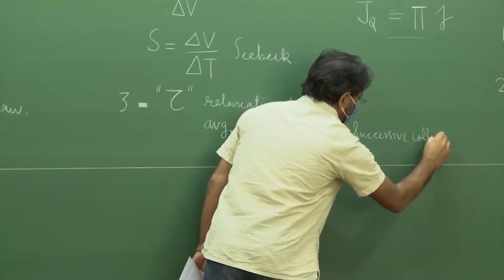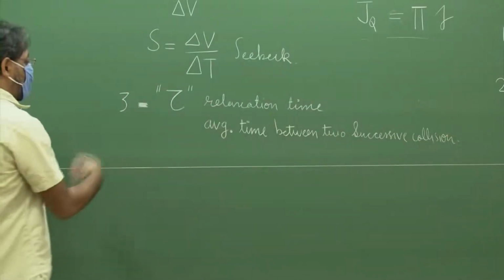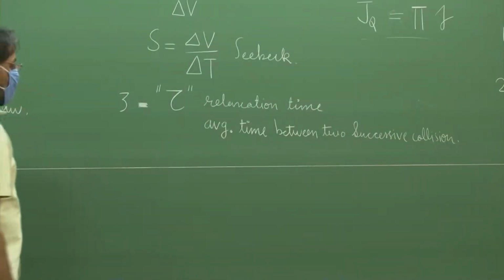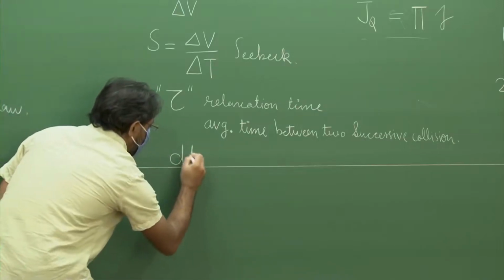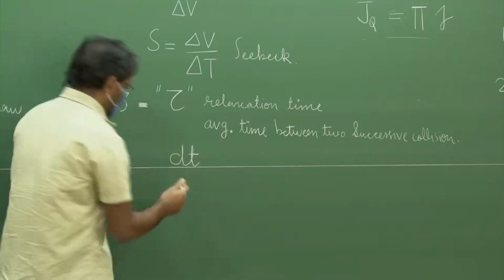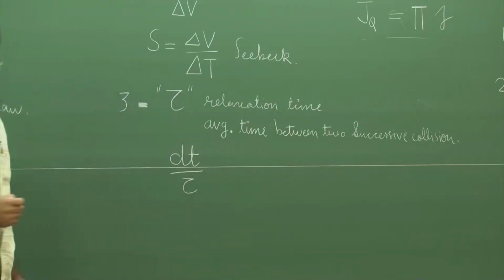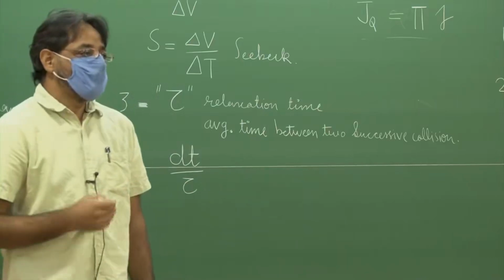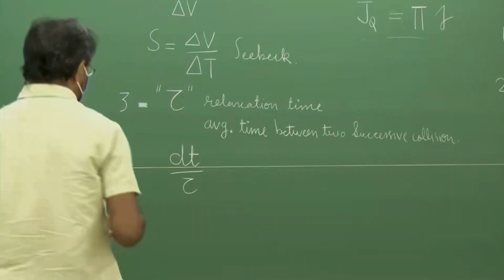So, 1 by tau will give you the rate of collision, and dt, where dt is a time element, dt by tau will give you the probability that the electron will suffer a collision in the time interval dt, the way we have defined.